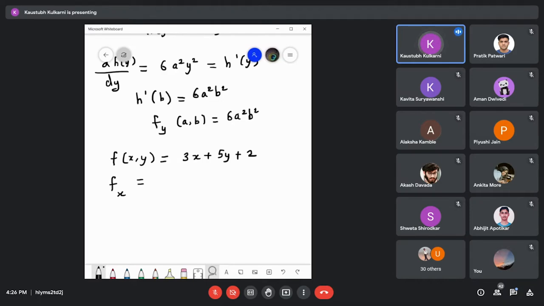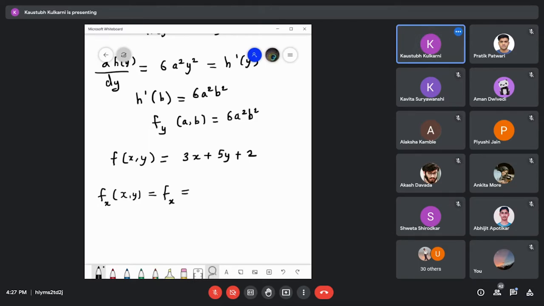Let me also introduce the additional notations over here. One of the notations is fx, and if you are given a point, let's say at the point xy, where xy are some values, you calculate it at that point. If you are not given the point, it will just be f of x. These are the notations for partial derivative with respect to x, and it will include the variable x in the expression.